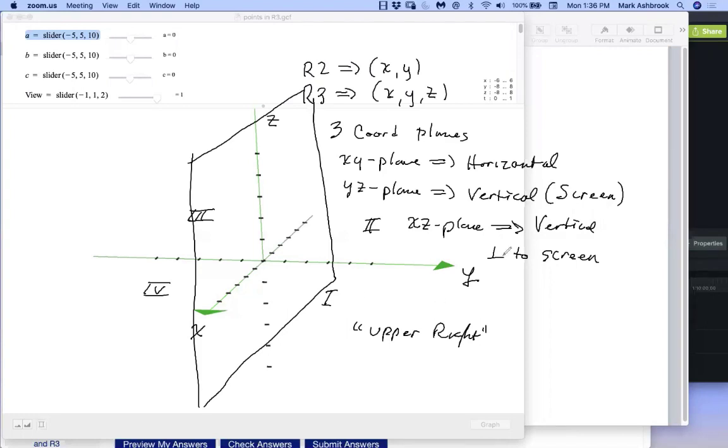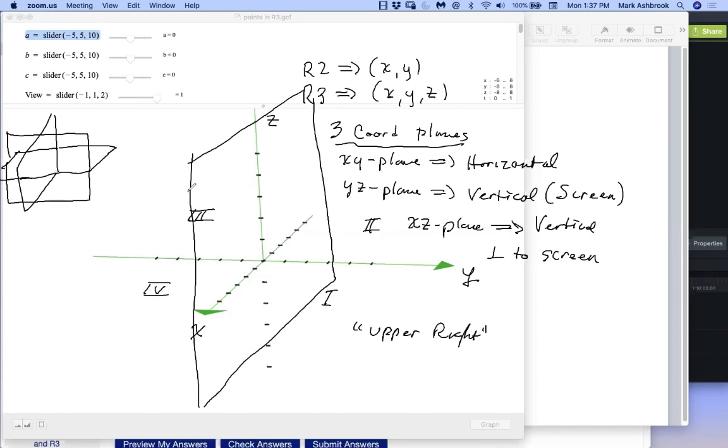Okay, so the three coordinate planes then break up space into 8 octants. Okay, you have 8 octants that are broken up by these planes. So it's something like this. So that's my attempt to draw all 3.